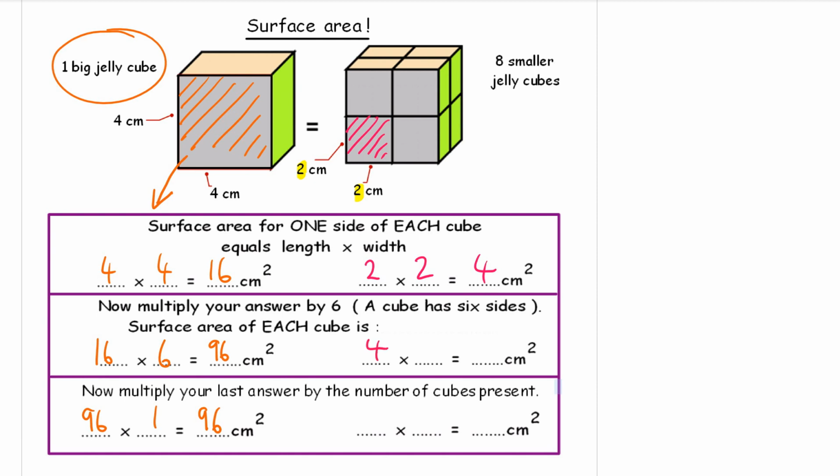So it's 4 times 6 is 24. Great. But hold on. Now multiply your last answer by the number of cubes present. There's 8 of them. So we've got a surface area of 24, but we've got 8 cubes now. And 24 times 8 is 192 centimeters squared.